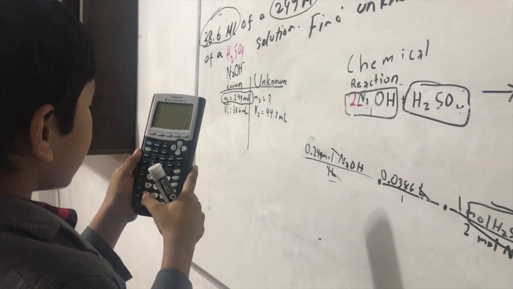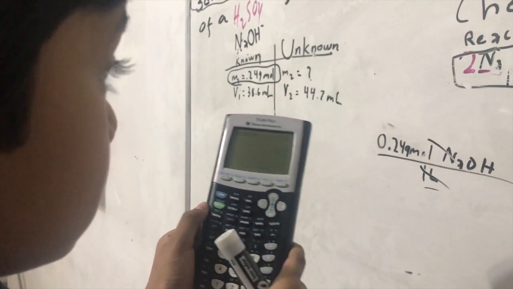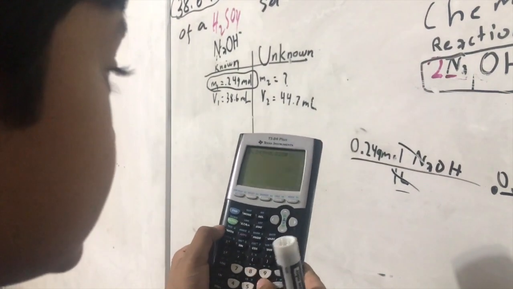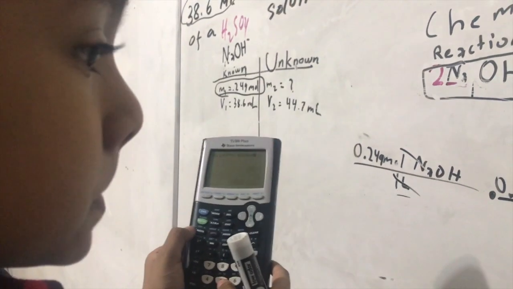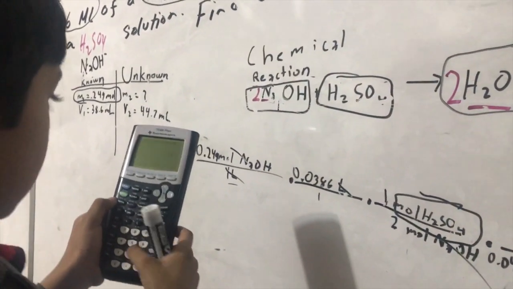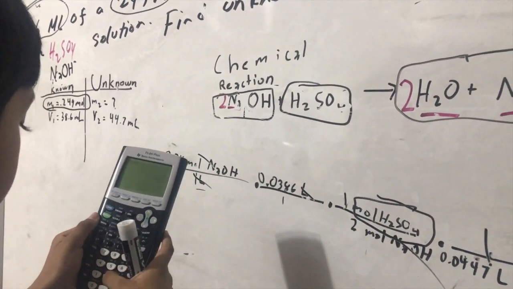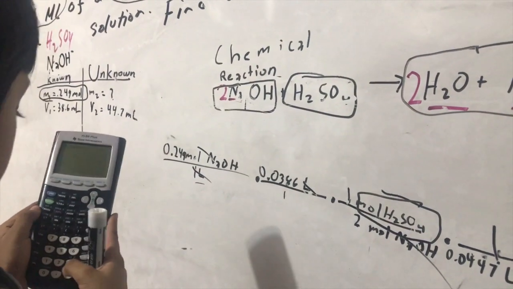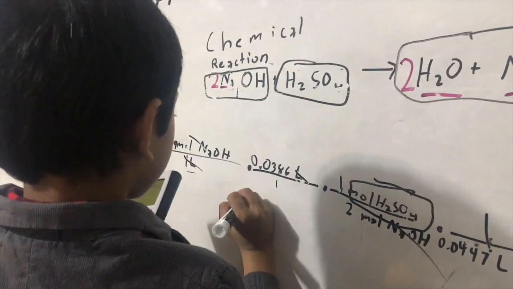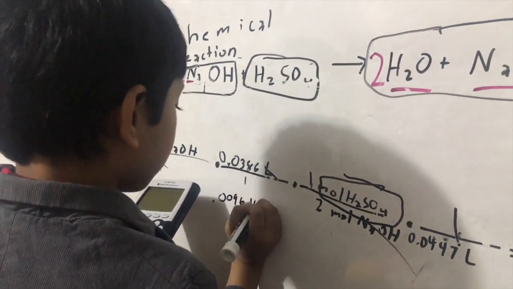Okay, so that's 0.249 times 0.0386. So this is what it gives us on the top, kind of similar to what we're supposed to get.